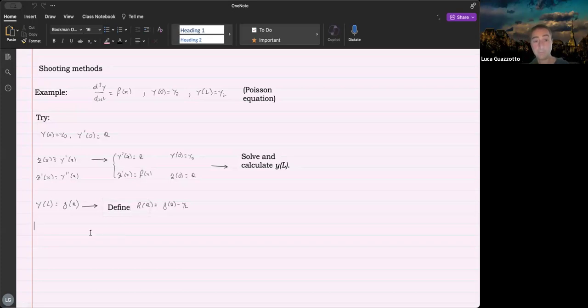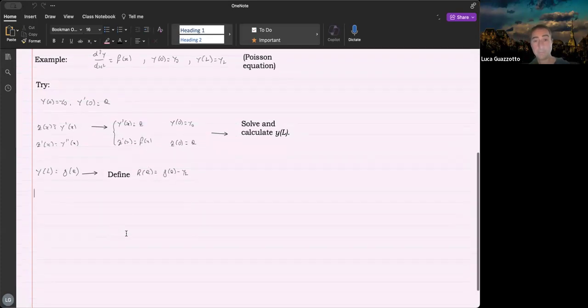I defined a function that needs to be 0 if my guess for the boundary condition for the derivative of y on the left-hand side is correct.